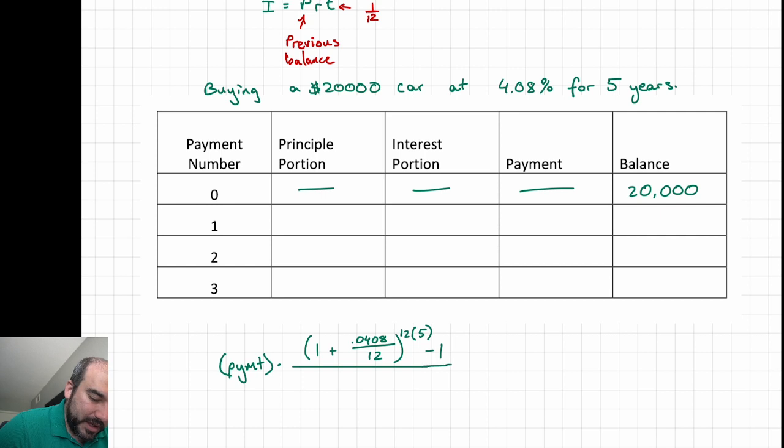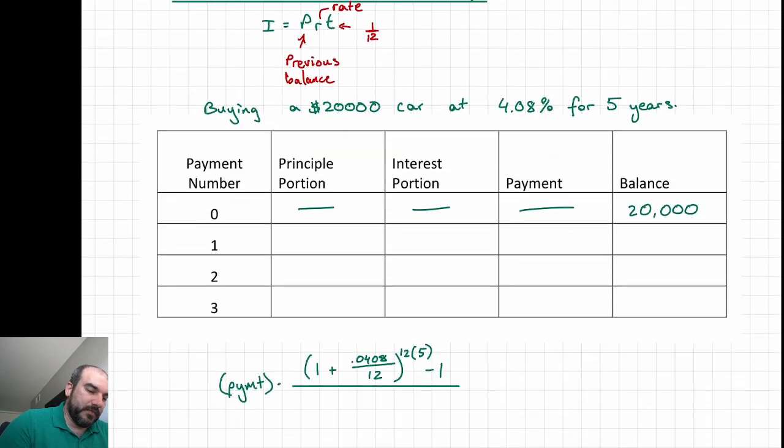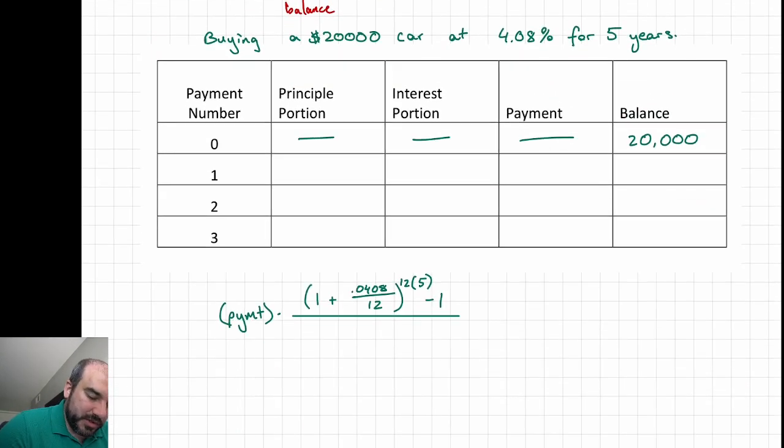Don't forget this minus 1. That minus 1 is the most easily forgotten thing in this formula. There's a minus 1 here in the numerator. And then the denominator, we just do the 0.0408 divided by 12. So that's plugging in everything on the left side of the equation.